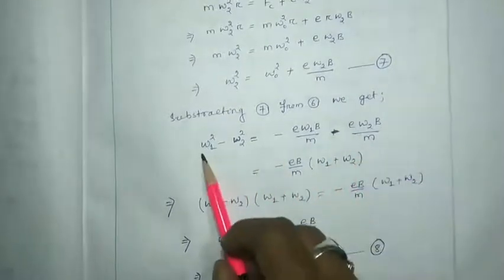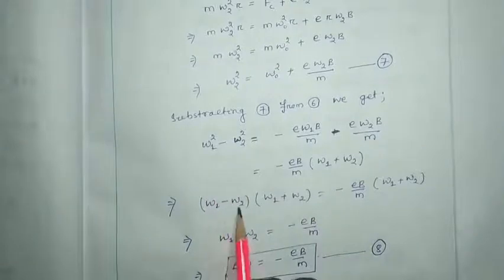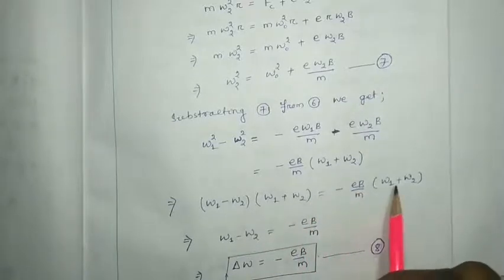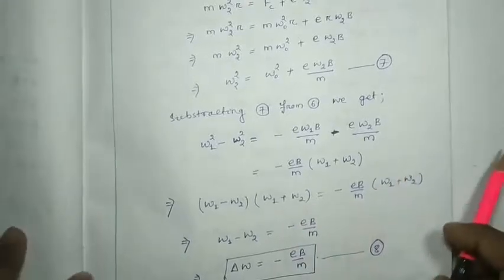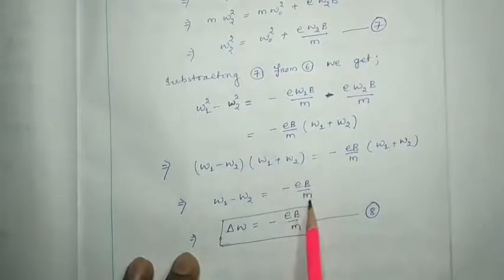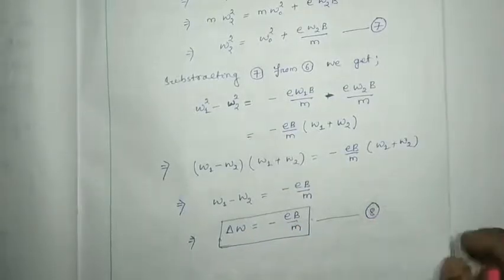Okay, so here this is in the form of a square minus b square. So we can write a minus b into a plus b: omega1 minus omega2 into omega1 plus omega2 is equal to minus e B by m, omega1 plus omega2. So this and this got cancelled, and we find omega1 minus omega2 is equal to minus e B by m, or we can write delta omega is equal to minus e B by m. Let it be equation number 8.